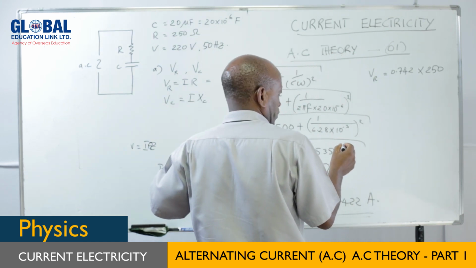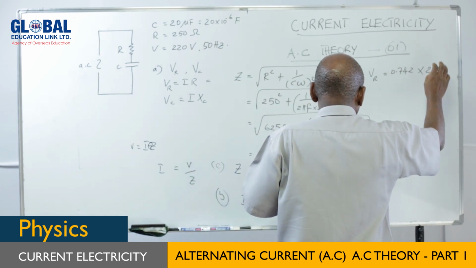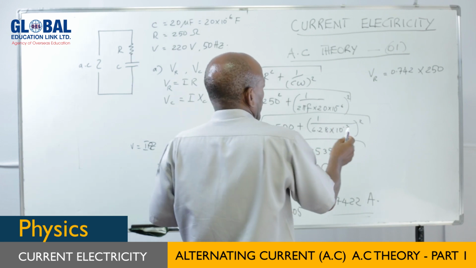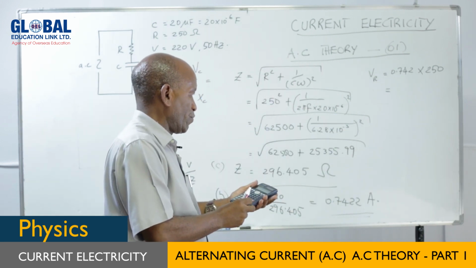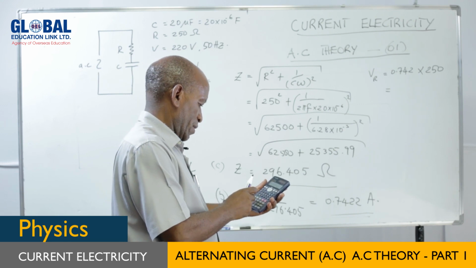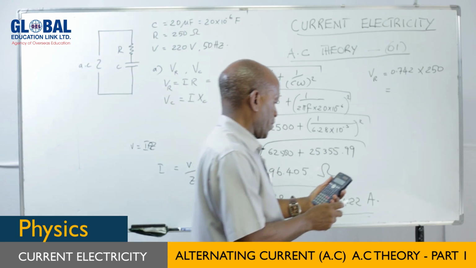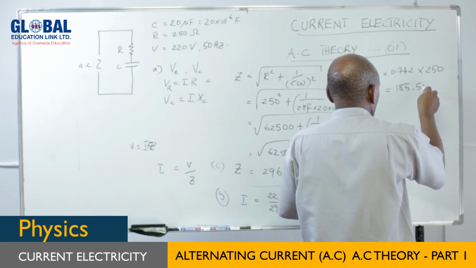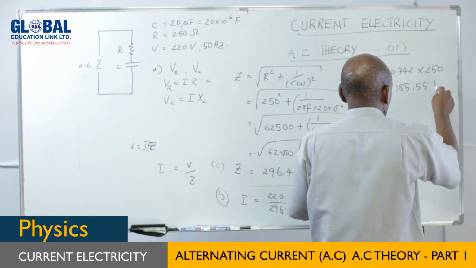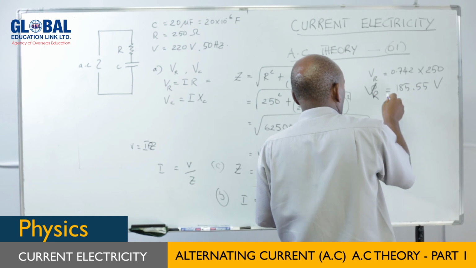Sorry, the voltage will just be equal to current times the resistance. If you multiply that times 250, you obtain 185.55. This is the voltage across the resistor.